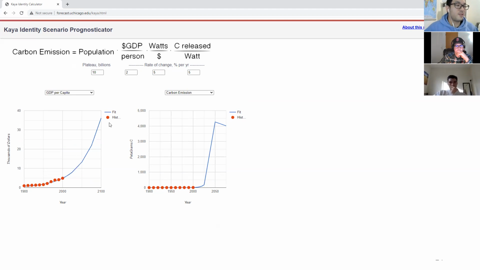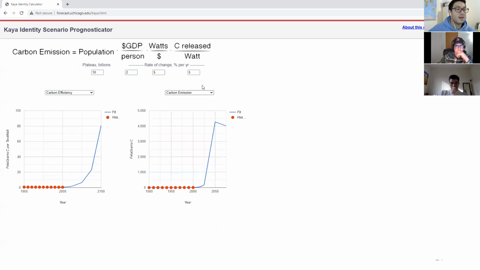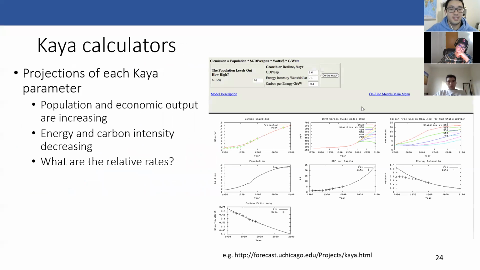So you can mess around with this calculator a little bit and get at your end emissions impacts as you affect different parts of your Kaya identity. The slide here just shows a couple of different examples of parameters that are getting messed around with in the Kaya calculator.